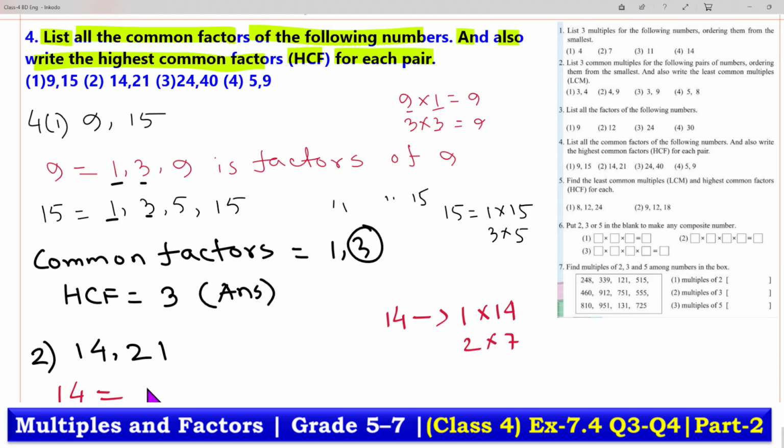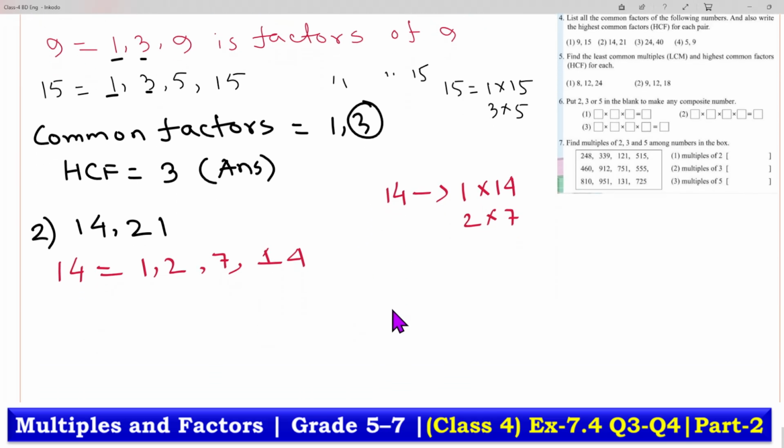So 1, 2, 7 and 14 are the factors of 14. Then 21. 1 times 21, 2 is not possible, 3 times 7, and 4, 5, 6 are not possible. So factors are 1, 3, 7, 21.